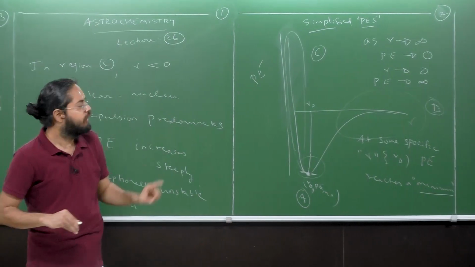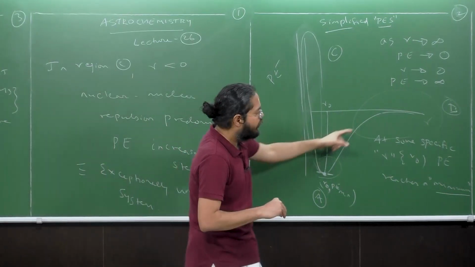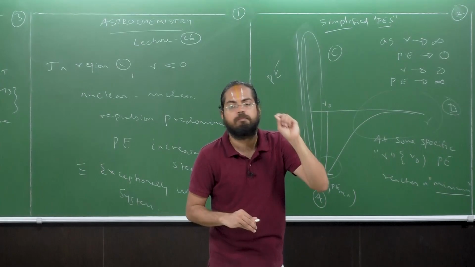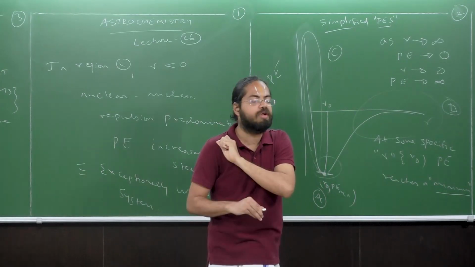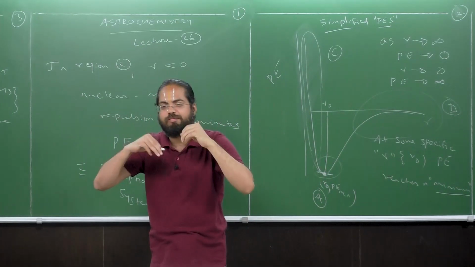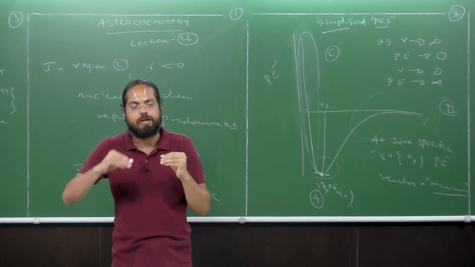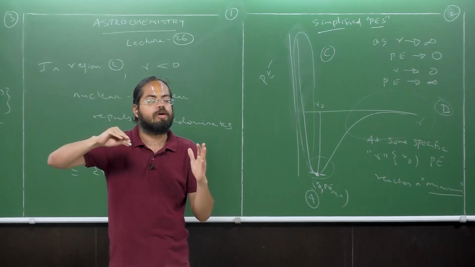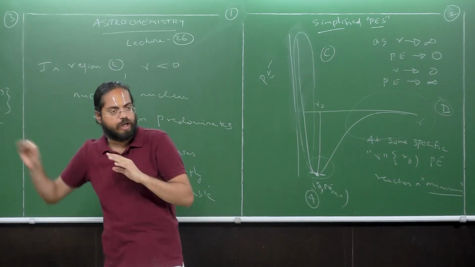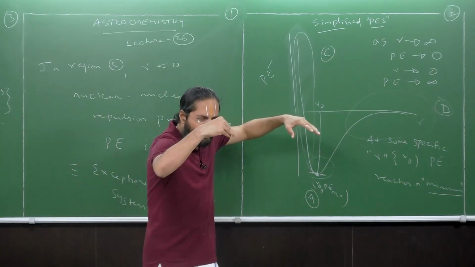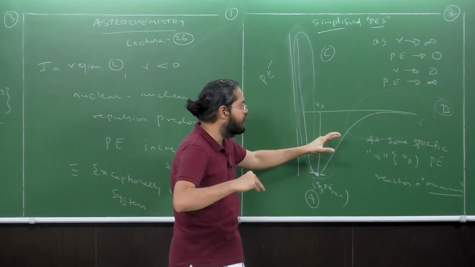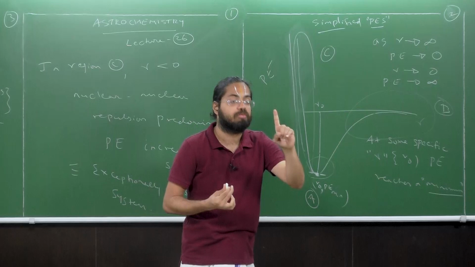This potential energy surface corresponds to any one bound electronic state. Don't worry about the phrase bound; I will explain what the phrase means when we study some quantum chemistry for astrochemistry. So this PES corresponds to only one electronic state.